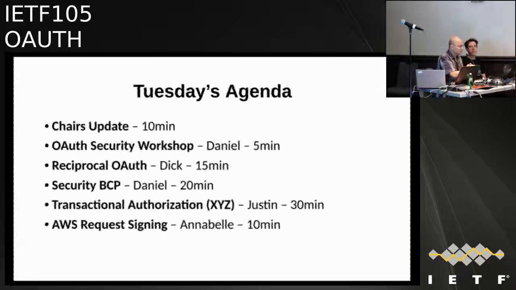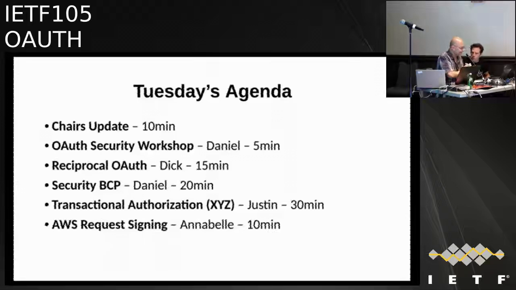Okay, let's get going. So our agenda, we have 10 minutes for a chairs update. Then Daniel will talk about the OAuth security workshop for 5 minutes. Dick will entertain us about reciprocal OAuth after that. Daniel will then talk about security BCP.